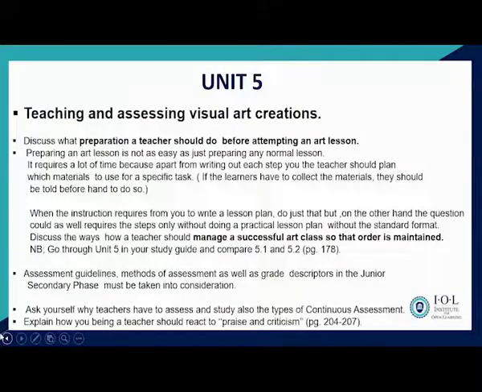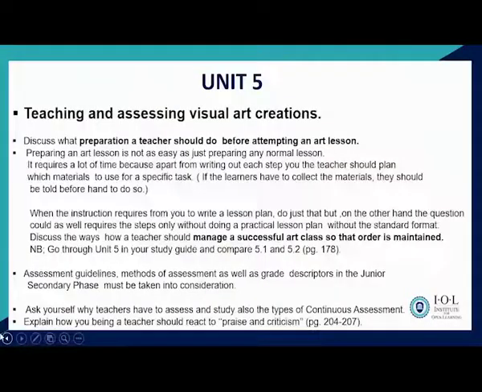Discuss what preparation a teacher should do before attempting an art lesson. Before you start with any art lesson, what should you do? Lesson preparation sounds very easy, but remember, it depends from lesson to lesson. If it's an art one, let's look at a few points here.